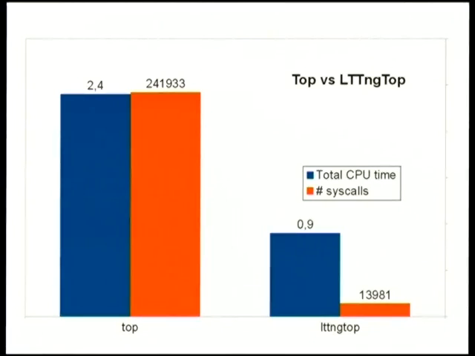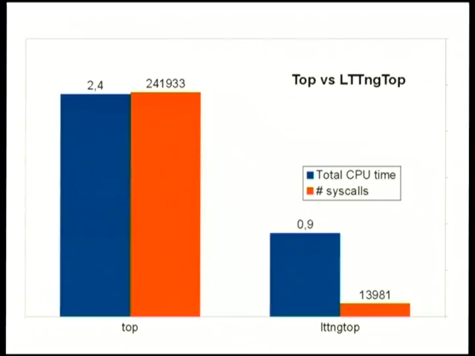We have a tool called LTTng top that I'll demo shortly after that. Here is a comparison of the total CPU time of running top for a specific period of time versus running LTTng top at the same time. We have less impact on the system, and the interesting information is the number of syscalls top is doing to get your information: about 250,000.